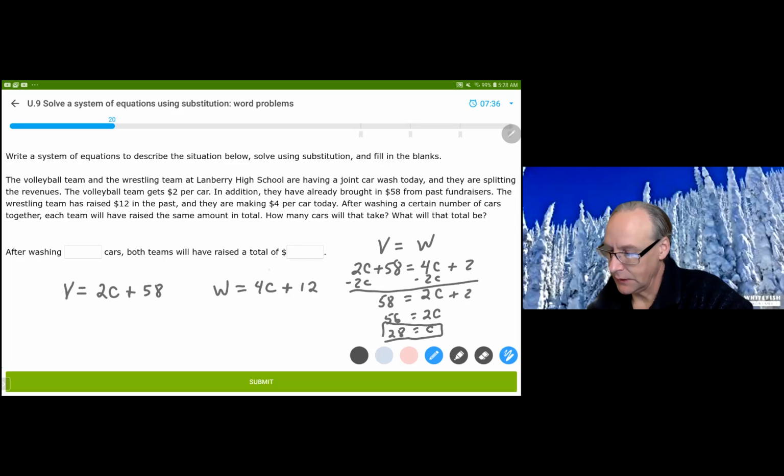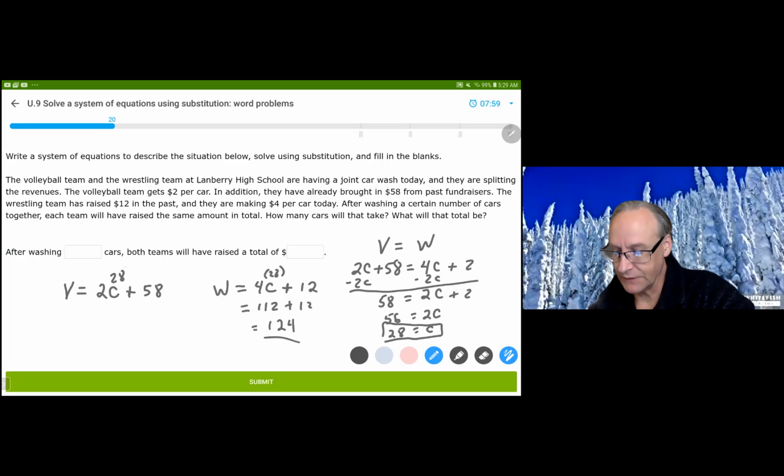So we can substitute the 28 into here, and that's going to be 4 times 28, which is 112, plus the 12 makes 124. Well, a good way to check is to actually make sure that they have the same amount.